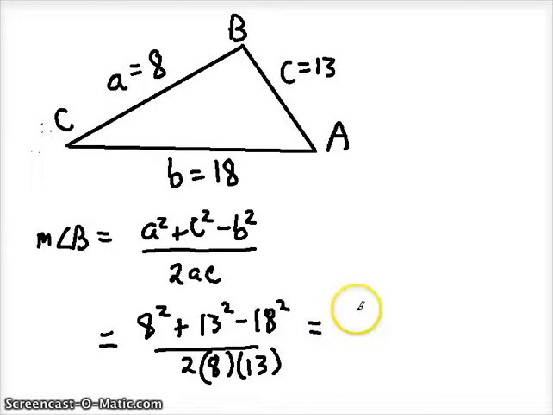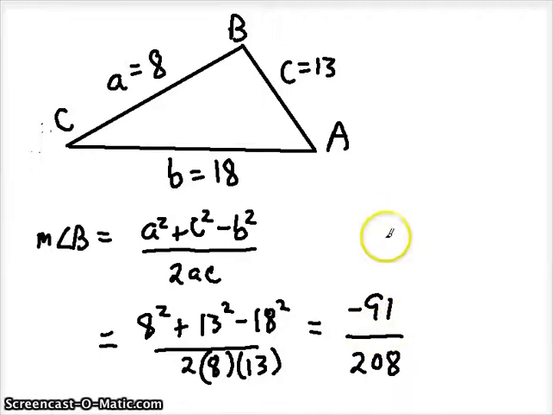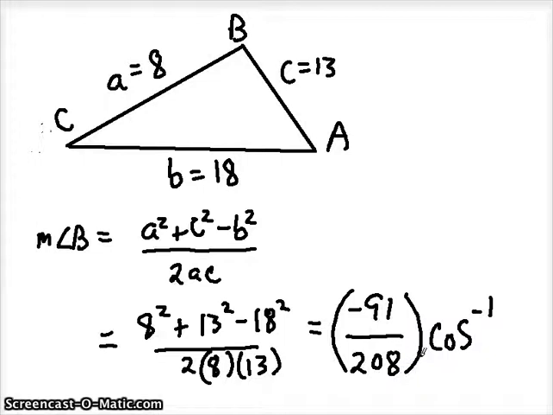And if you simplify this ratio, hopefully you get negative 91 over 208. Now I can take the cosine of this, and that would give me a decimal value. That's not going to give me an angle measurement. So what we want to do is take the inverse cosine of this ratio, and that will give me my angle measurement, and it's approximately 115.9.